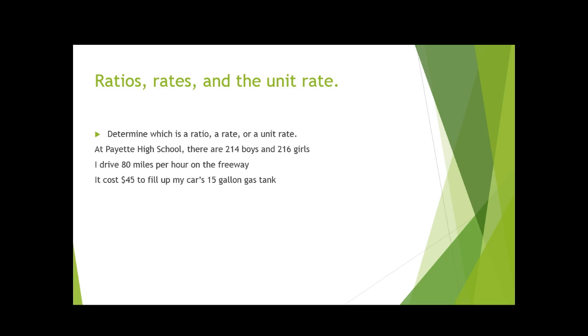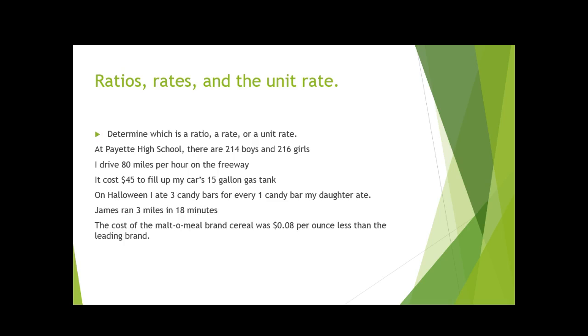Number 3, costs $45 to fill up my car's 15-gallon gas tank. Number 4, on Halloween I ate 3 candy bars for every 1 candy bar my daughter ate. Number 5, James ran 3 miles in 18 minutes. Number 6, the cost of Malt-O-Meal brand cereal was 8 cents per ounce less than the leading brand. Number 7, Jessica can do 4 math problems in 1 minute.